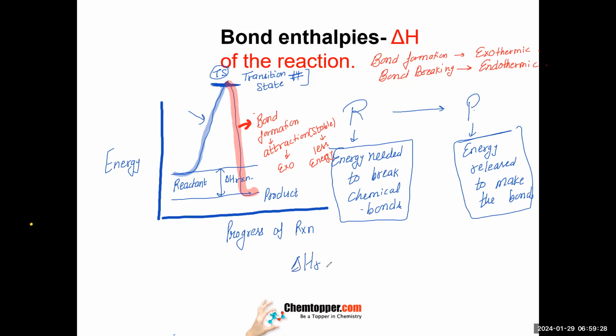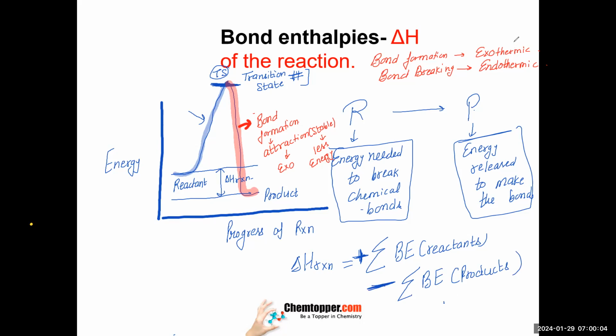Delta H of reaction is the summation of bond enthalpies, BE, of the reactants, with a plus sign here, endothermic. Why a plus sign? Because it's breaking. Breaking means positive. Minus the summation of bond enthalpies of the products. And why is this one negative? Because it is exothermic.